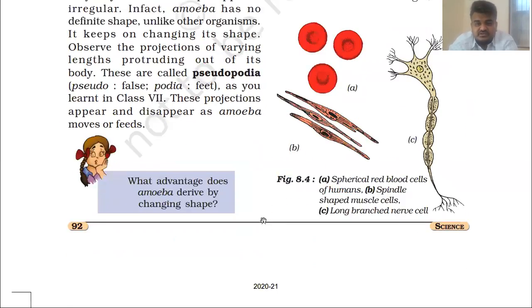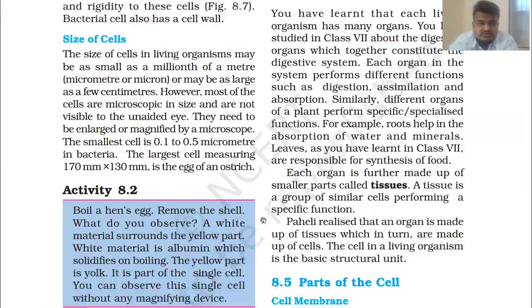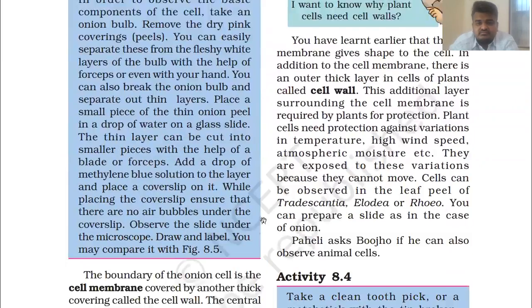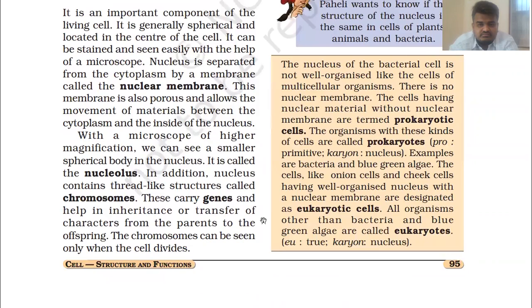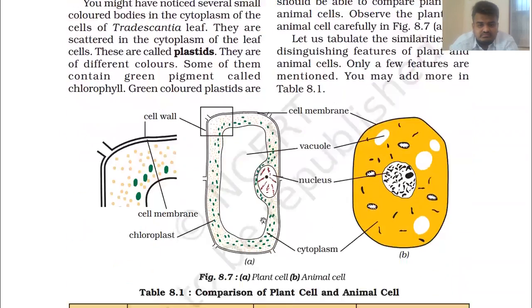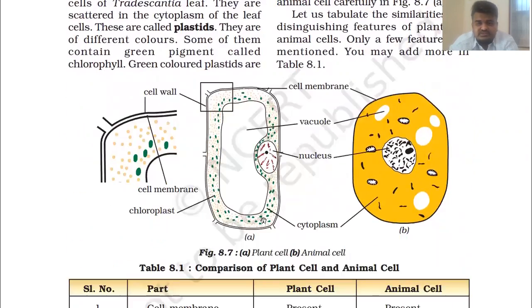So this figure 8.7 is given somewhere after 2 to 3 pages. This is the figure of a plant cell and animal cell also.